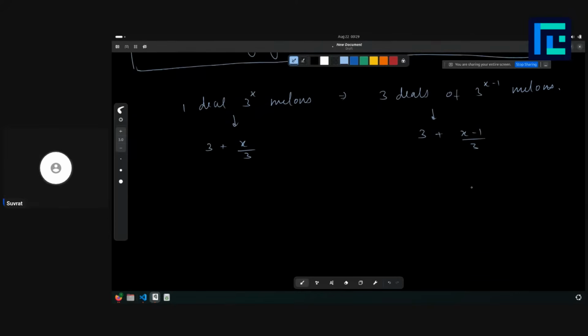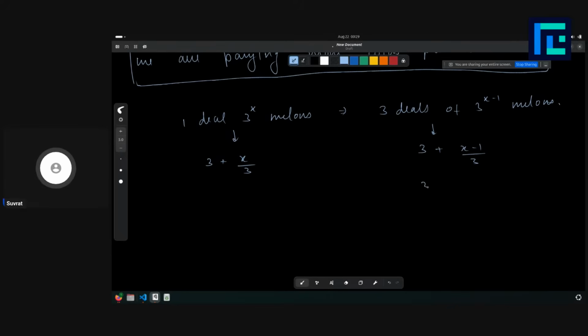So basically, 3 plus x by 3 minus 1 by 3 coins. So this part is what we are saving if we are doing one deal of 3 to the power x melons, instead of doing 3 deals of 3 to the power x minus 1 melons. So this is the part that we save per melon.